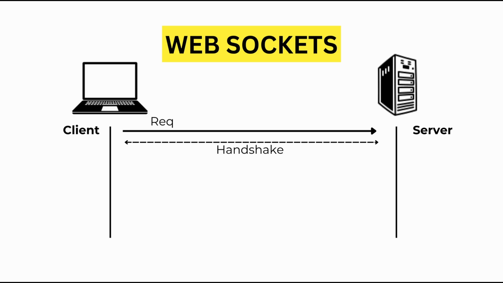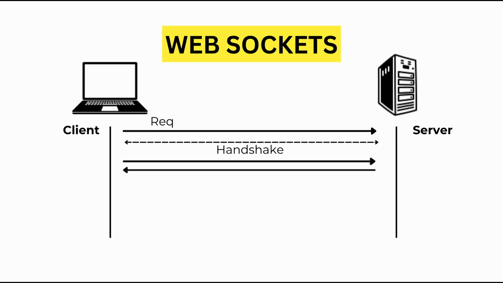To understand this in a better way, let's assume that a connection is established between your client and server. Once the connection is established, we can send n number of requests and get the responses in the same connection. This is called bi-directional communication.